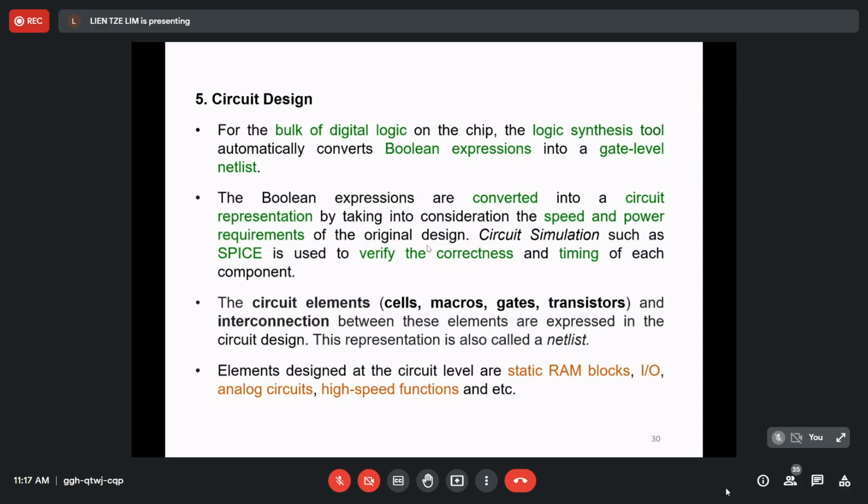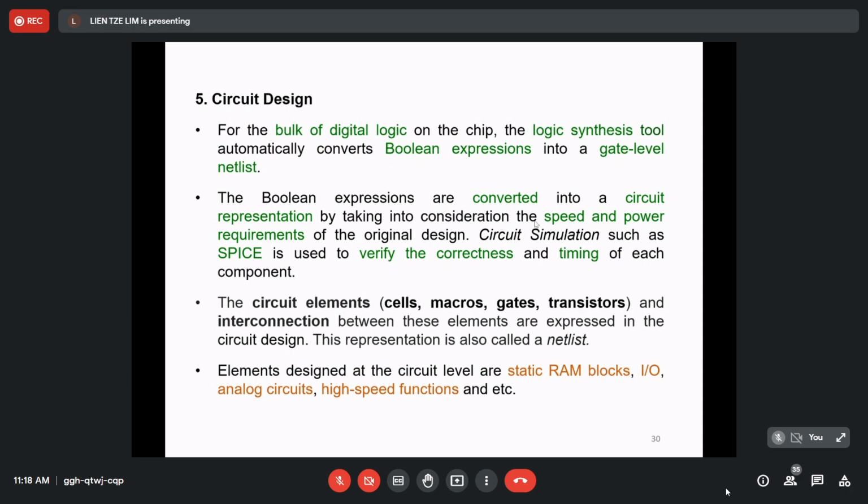For the bulk of the digital logic on the chip, the logic synthesis tools automatically convert the Boolean expressions into a gate level netlist. The Boolean expressions are converted into a circuit representation by taking into consideration the speed and power requirements of the original design.